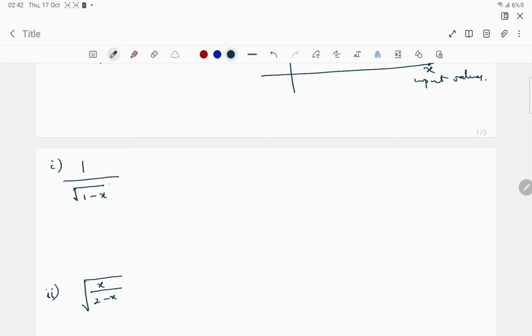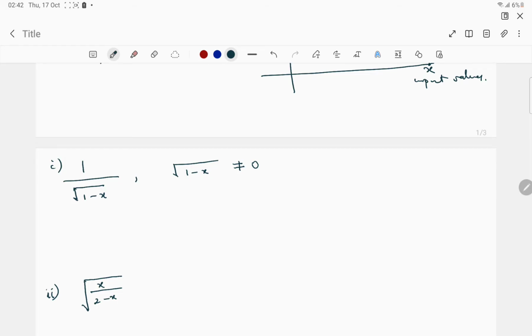So the denominator should not be equal to 0. So we know that the square root of 1 minus x should not be equal to 0.